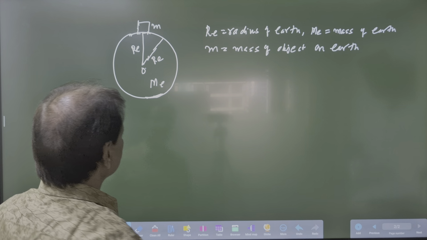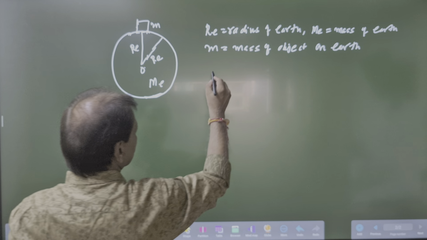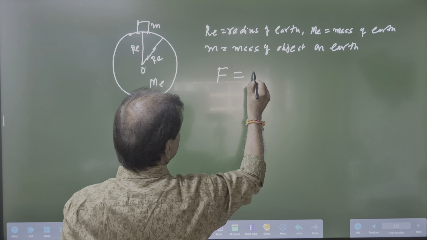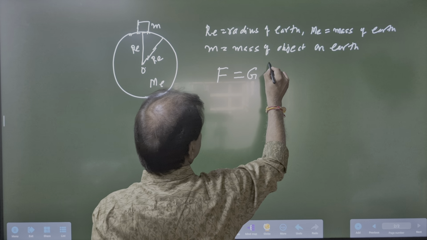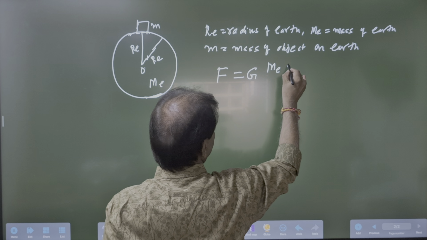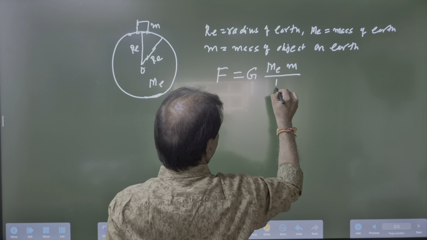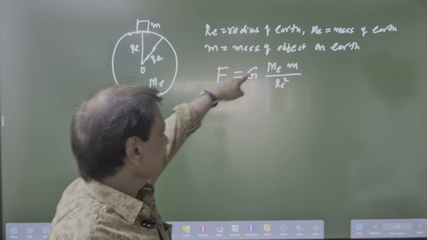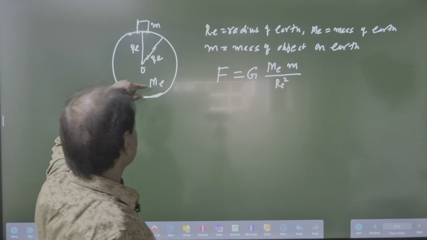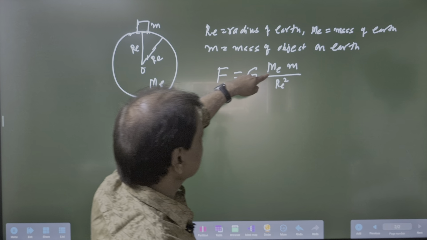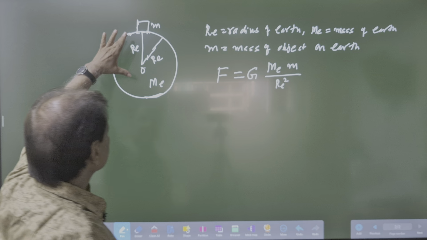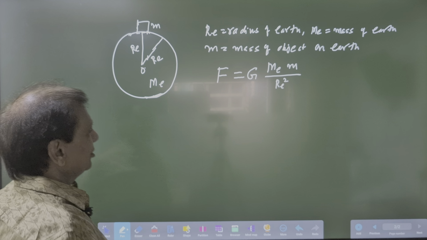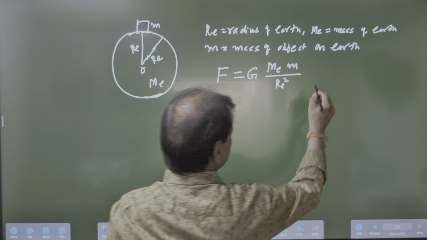So as per our law of gravitation, F is equal to G ME M upon RE square. That is the product of the mass of Earth and mass of the object M, over RE square, the distance between the center of the Earth and the object. This is equation 1.